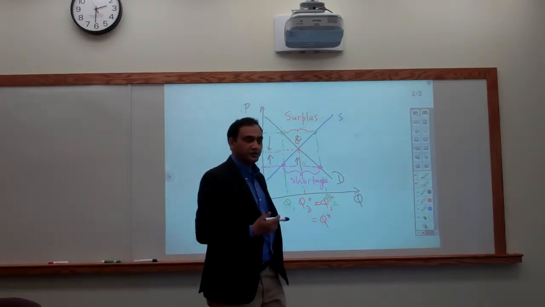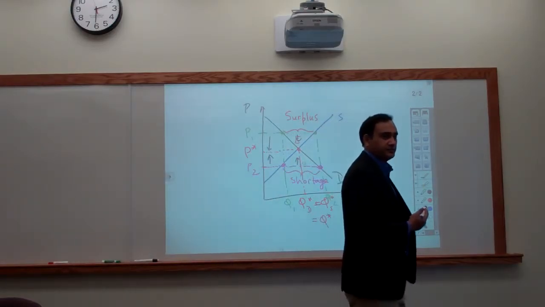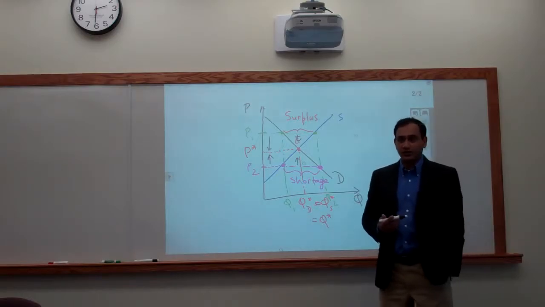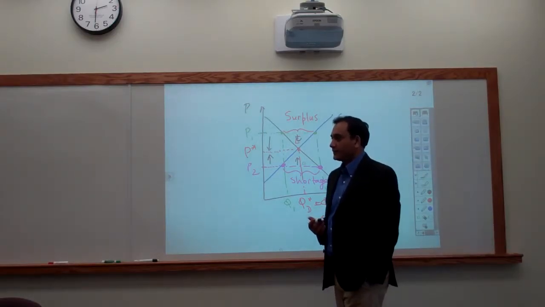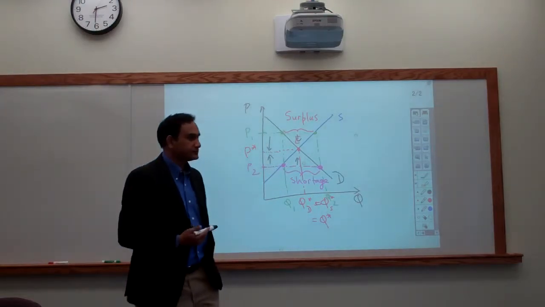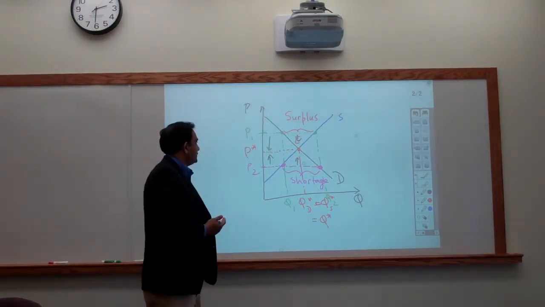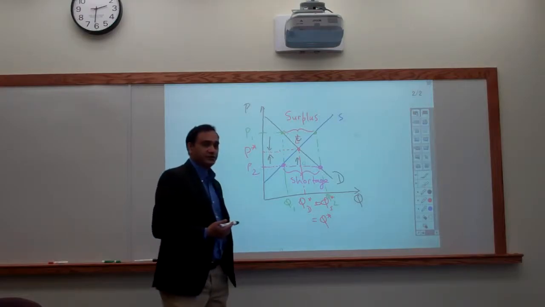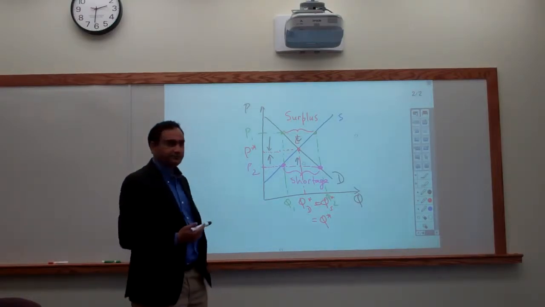How the market determines the price of a good, and then quantities bought and sold in equilibrium. Okay. All right. So that's how the equilibrium price and quantity are determined in a competitive market.